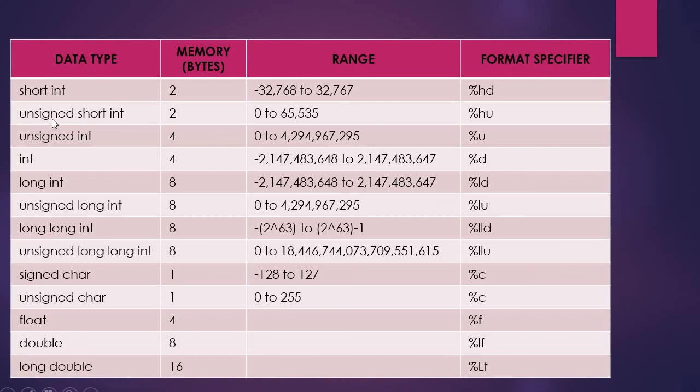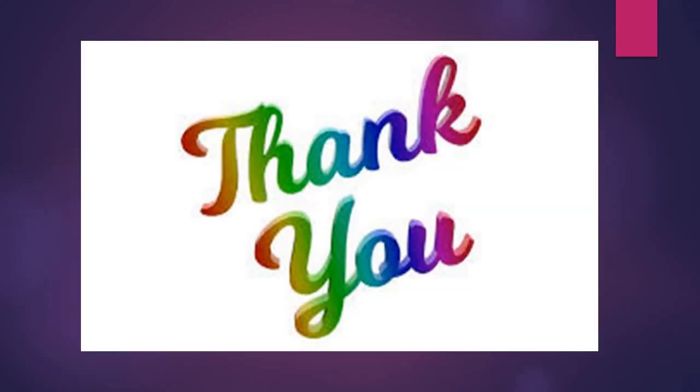And these are the ranges. Here I have mentioned the data type, its shortened form, the memory bytes, that is, how much memory space is needed to store that variable, and then the range. So between these ranges only you can have the values, and this is the format specifier used in printing the value of that particular variable. Thank you.